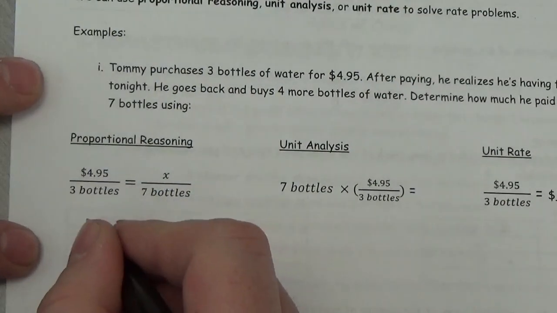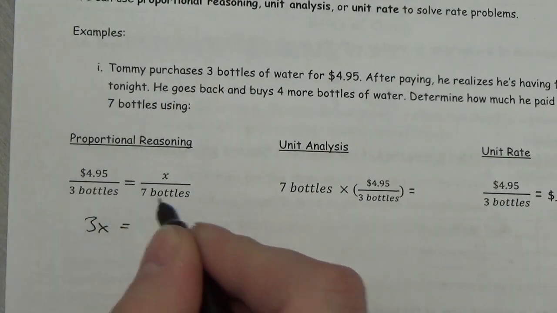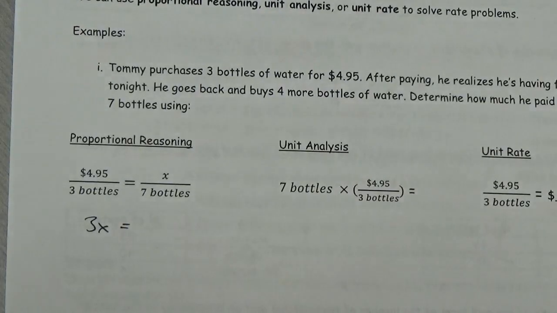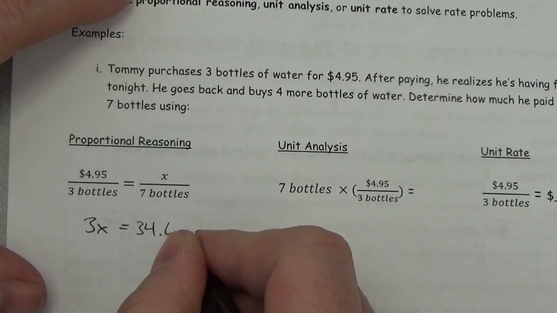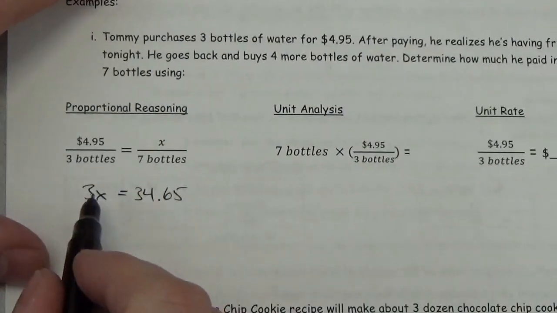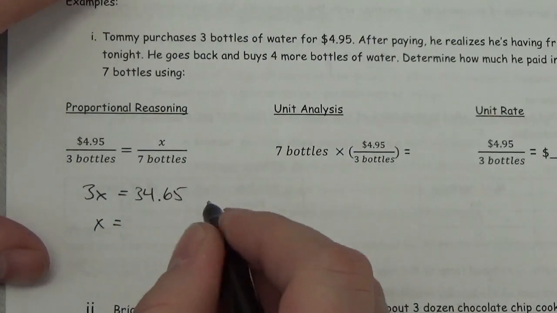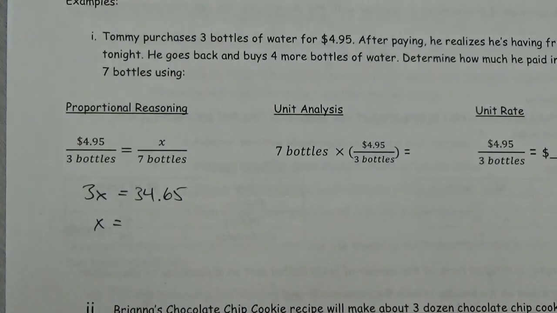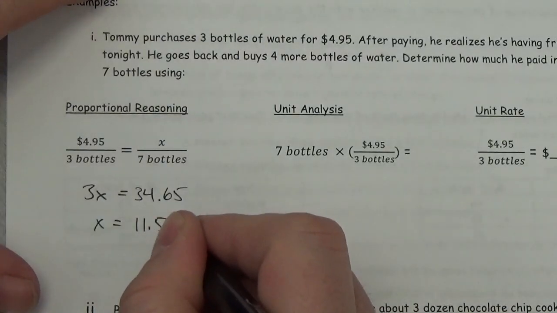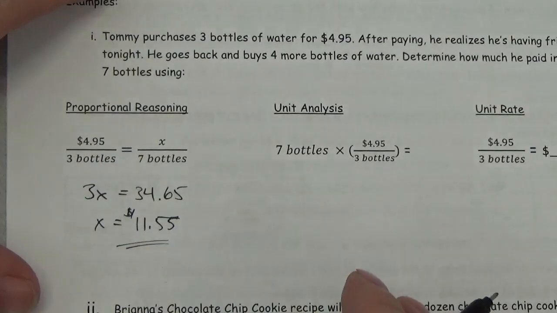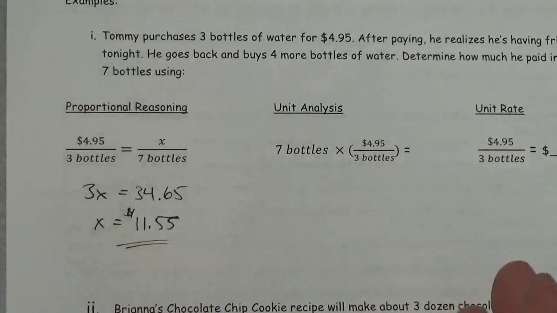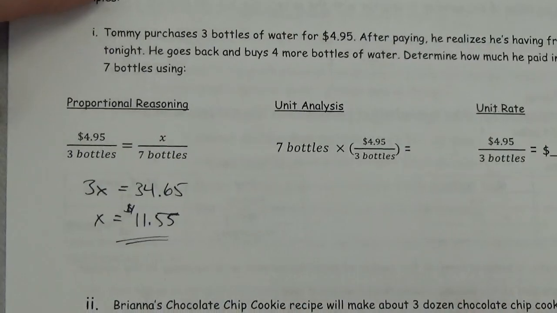So it's going to be 3 bottles times x, so 3x is going to equal 7 times 4.95. Now I'm going to do that on my calculator to make sure I get it right. So 34.65, and then I'm going to divide by that 3, to get $11.55. And so that's how much he would pay for 7 bottles total.